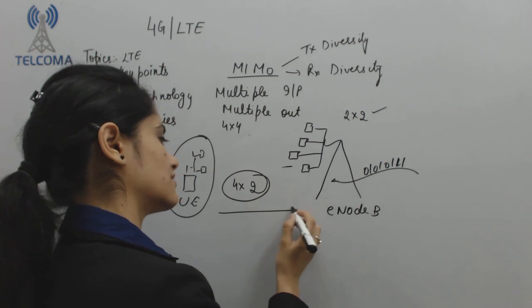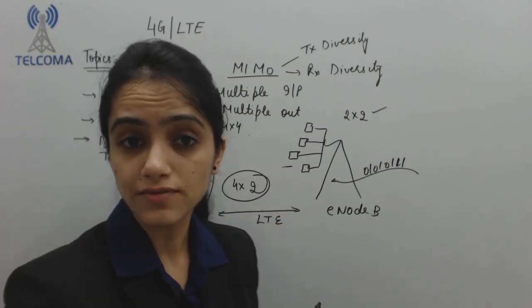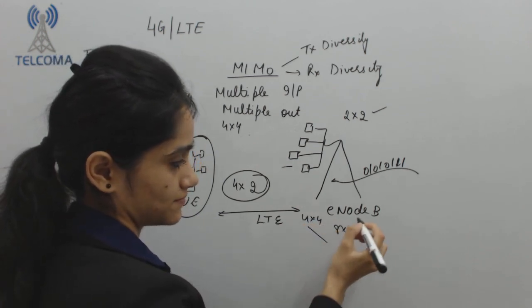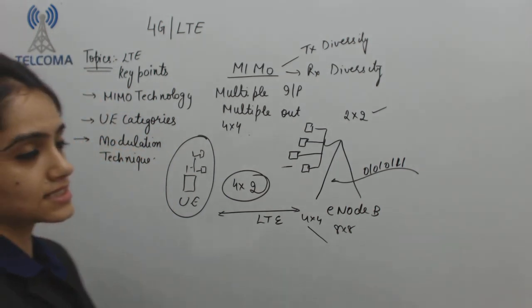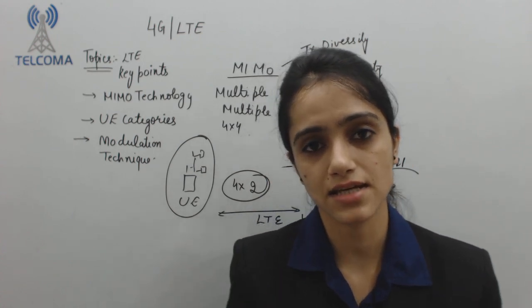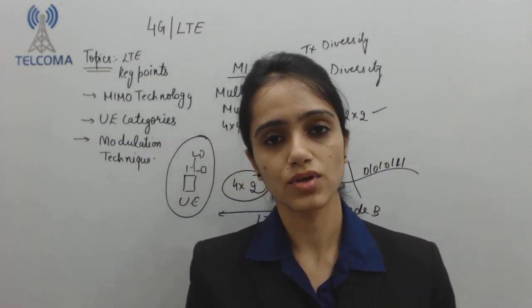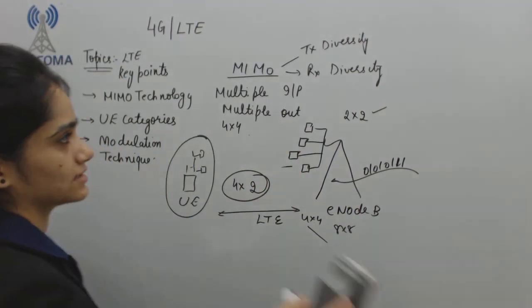So this is the configuration we are now using for LTE, and in future we will use 4x4 also, and above that maybe 8x8. So this is MIMO technology. Basically MIMO technology is used for antenna configurations, in order to increase the transmission and to increase the reception level. So this is also a key point in LTE.